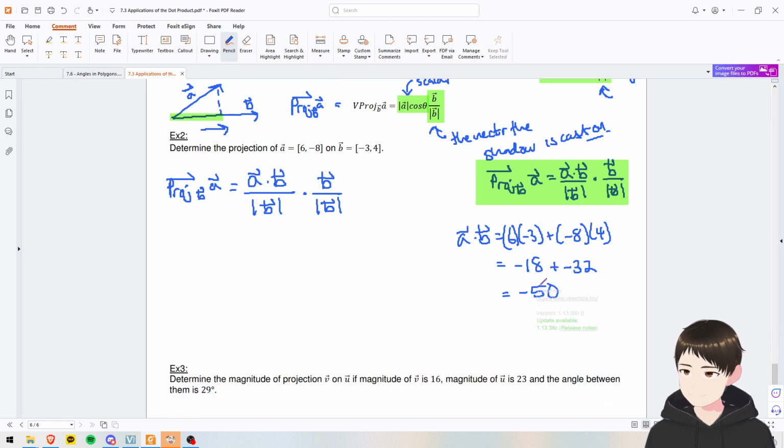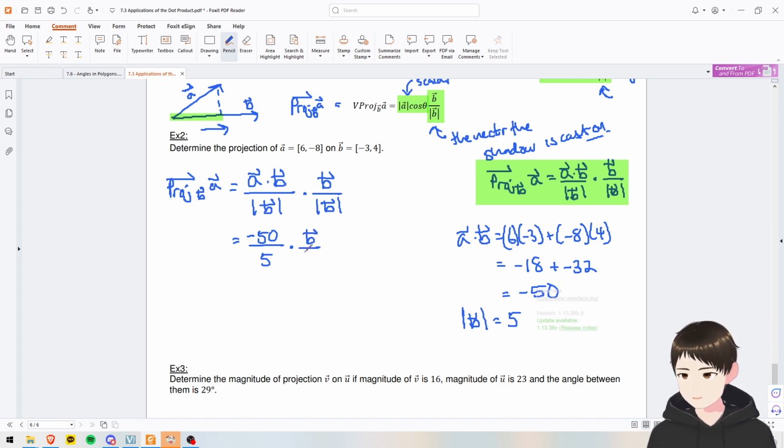Wow. Next, what is the magnitude of b? That will be, oh, well, that's a Pythagorean triple. Negative 3 squared plus 4 squared equals 25. Magnitude of b is 5. So let's do it. We have negative 50 over 5 multiplied by vector b over 5.